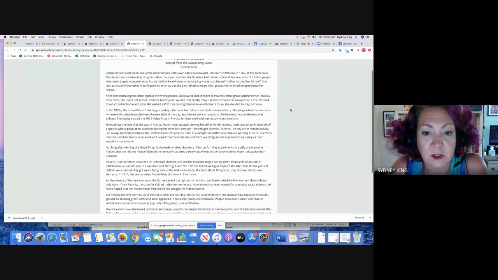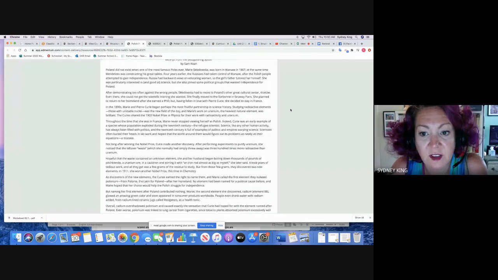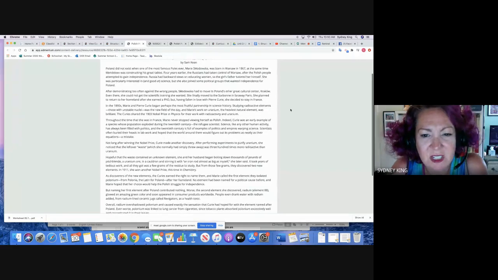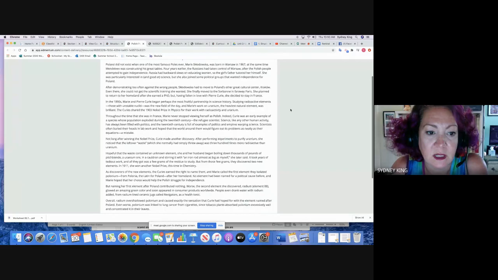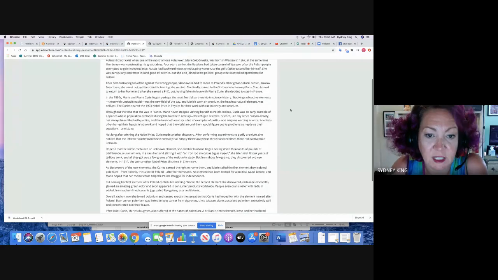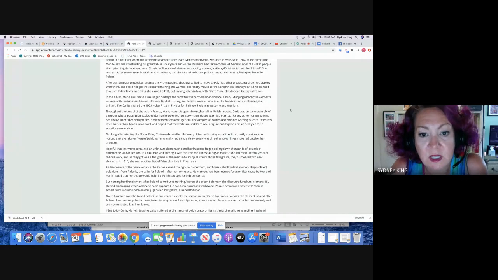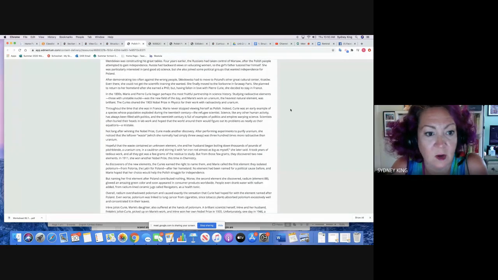Russia had backward views on educating women, so the girl's father tutored her himself. She was particularly interested in and good at science, but she also joined some political groups that wanted independence for Poland. After demonstrating too often against the wrong people, Sklodowska had to move to Poland's other great cultural center, Krakow.